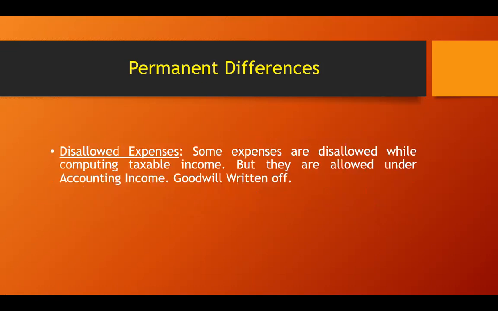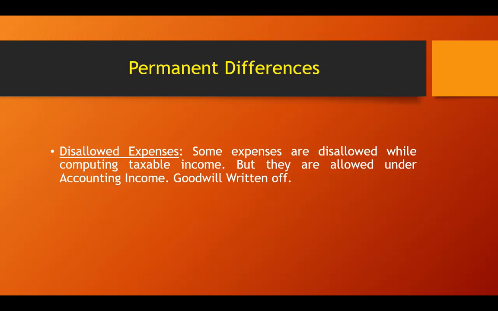And there are some expenditures called disallowed expenses. Some expenses are disallowed while computing taxable income, but they are allowed under accounting income. For example, goodwill written off. We often show preliminary expenses written off and goodwill written off on the debit side of the profit and loss account. If you take goodwill written off in the calculation of total income, the tax officer will not accept it as a deductible expenditure.